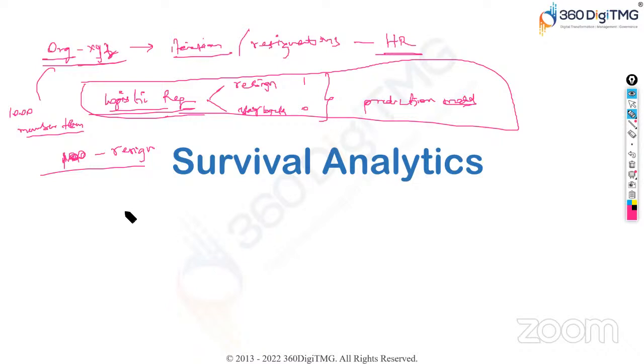So you might want to understand what challenges the employee is facing, why the employee is considering resignation as an option, and so on and so forth. So prediction can help address attrition to some extent.